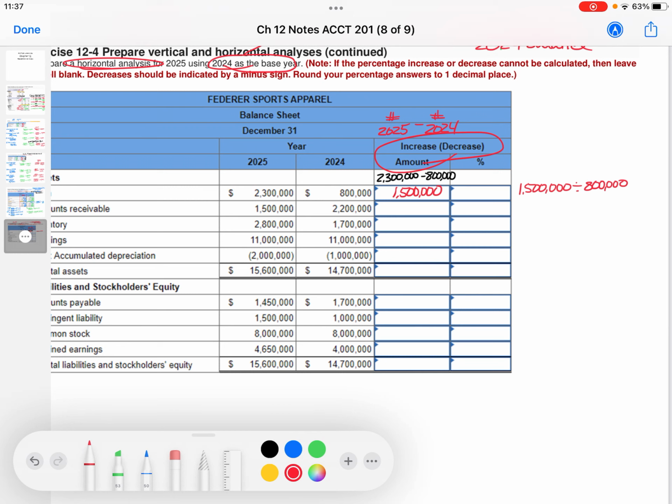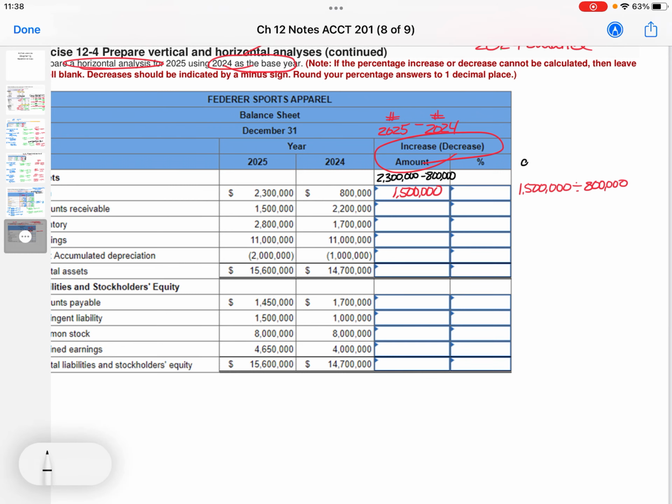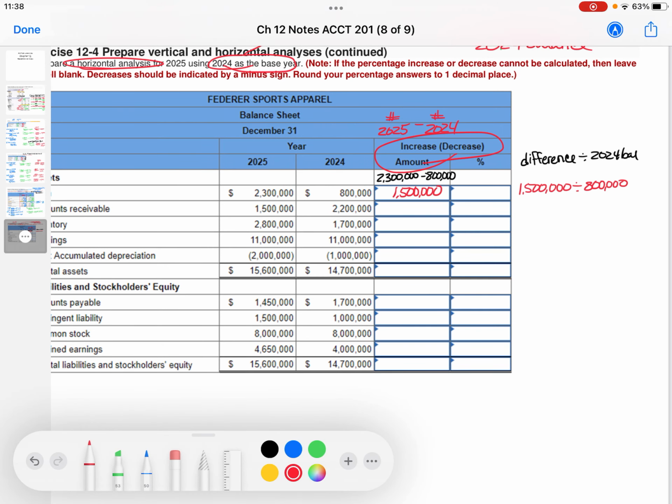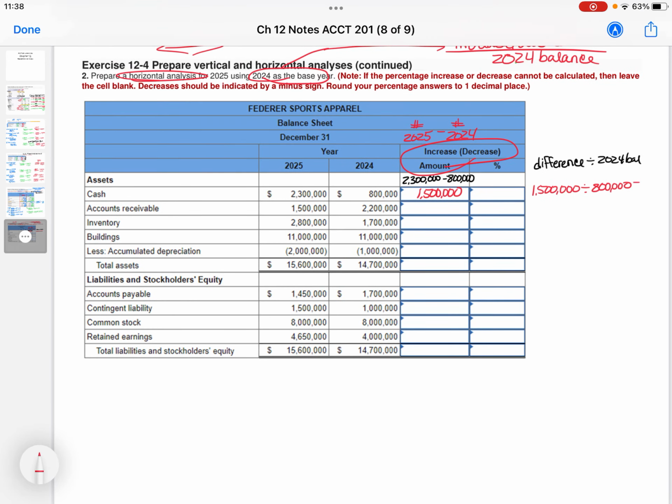So let me label that up here. Again, we take the difference and we divide it by the 2024 balance. In this case, the answer is 1.875.